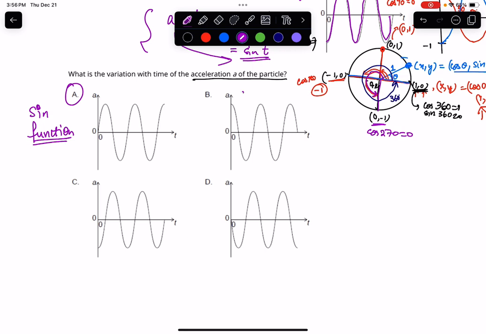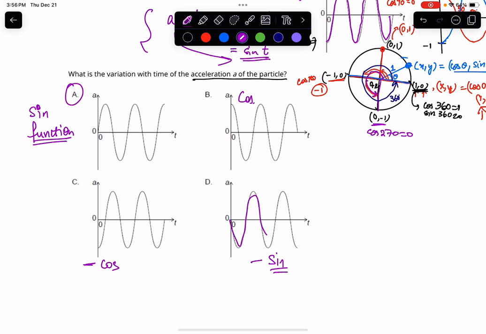In this case, option B, like we have said before, is a cosine function. Option C is a negative cosine function. And option D is a negative sine function. Okay? So if you're confused about this, then just go to Desmos right now and draw all these functions on Desmos.